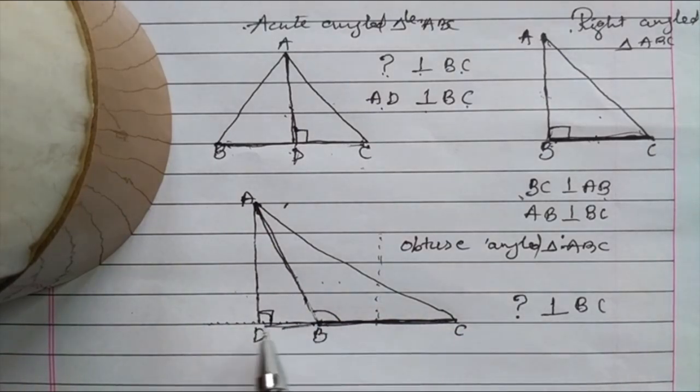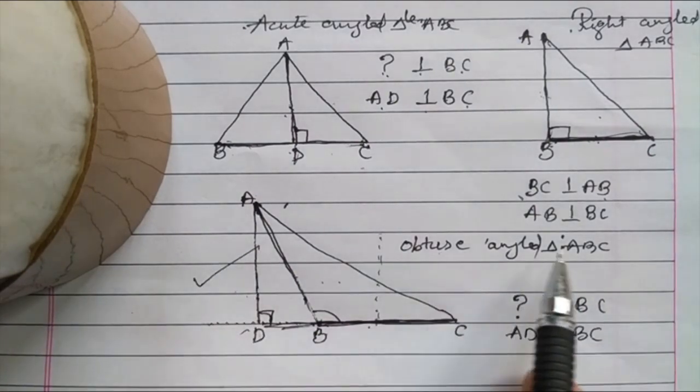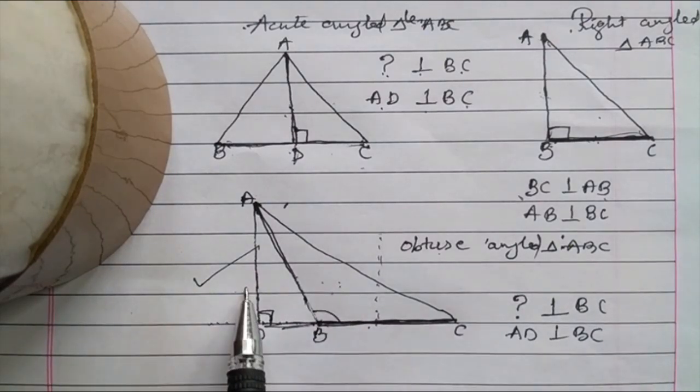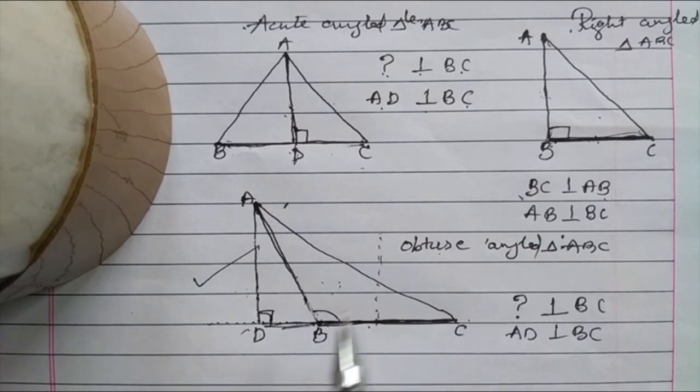If you extend BC, then you get perpendicular to that base. Very important, note down this. In obtuse angle triangle, height is not within the triangle, it is out of the triangle. Not for all the three vertices. For this, where obtuse angle is formed, for that angle's adjacent sides, height is out of the triangle.